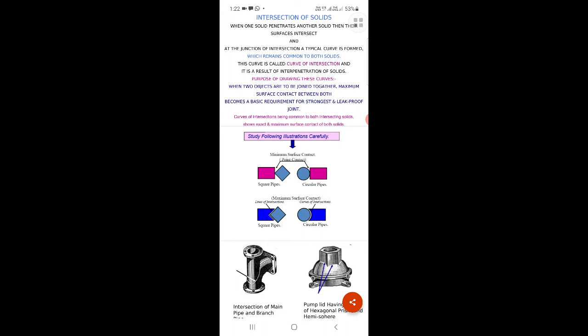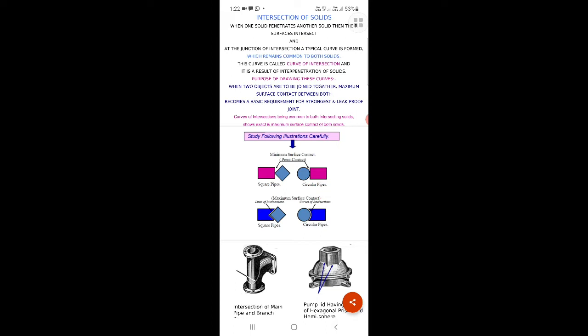This curve is called the curve of intersection, and it is the result of interpenetration of solids. The purpose of this drawing is that when two objects are joined together, maximum surface contact between both becomes a basic requirement for the strongest and leak-proof joints.